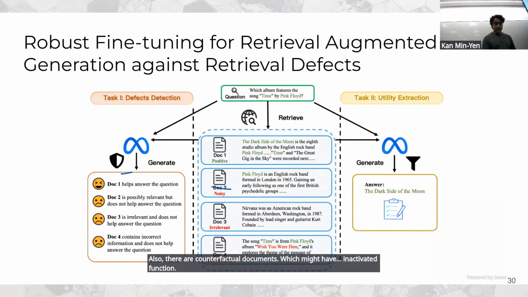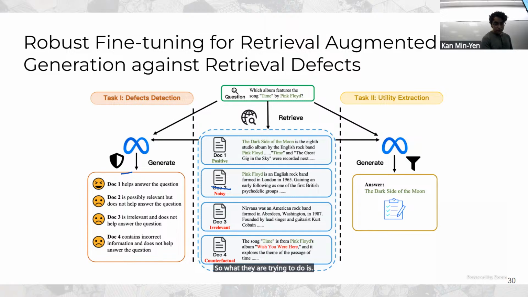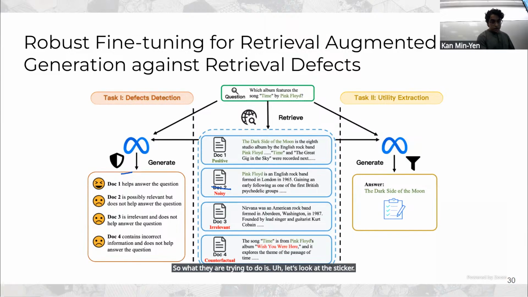So what they are trying to do is, let's look at this figure. These are the questions that I just showed. Firstly, they want to train the LLM on detecting defects.